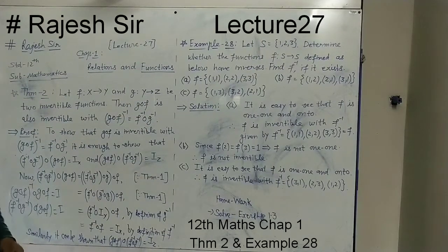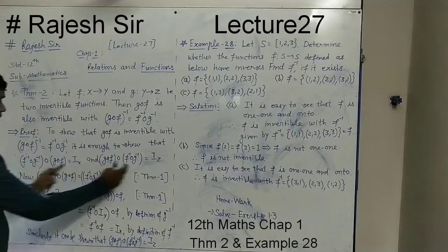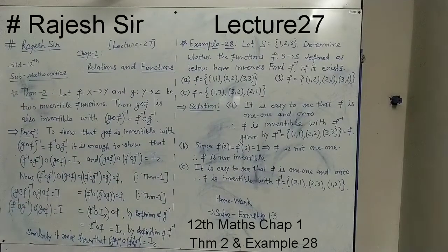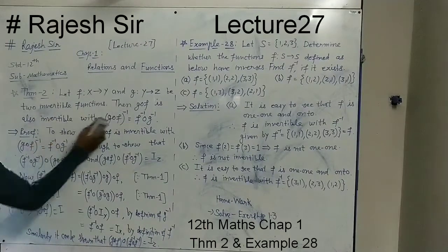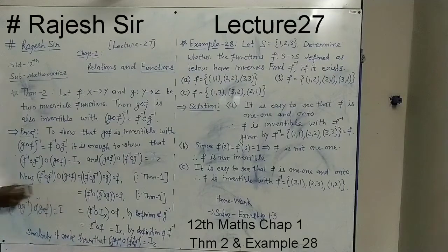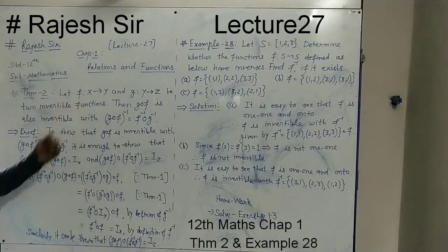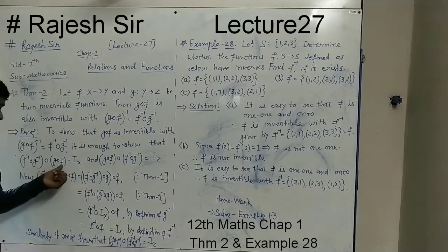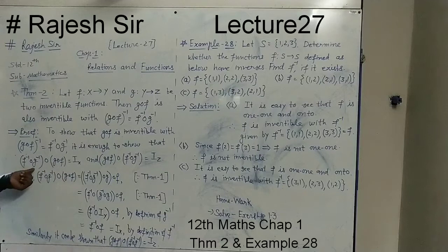So if we show only these two things, we will be able to say that g of f is invertible with (g of f) whole inverse equal to f inverse of g inverse. So by the inverse function definition, this is what we have to show to prove this. We start with this portion, f inverse of g inverse of g of f.